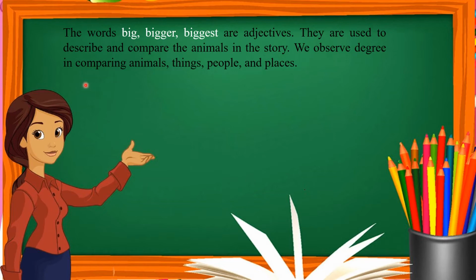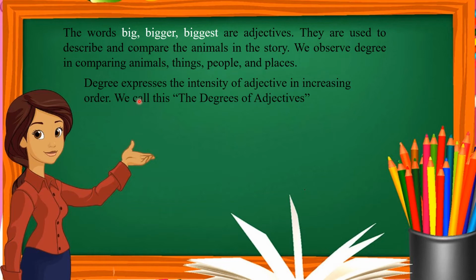We observe degree of comparing animals, things, people, and places. Degree expresses the intensity of adjective in increasing order. We call this the degrees of adjective. This is about describing 1, comparing 2, and describing 3 or more, right?